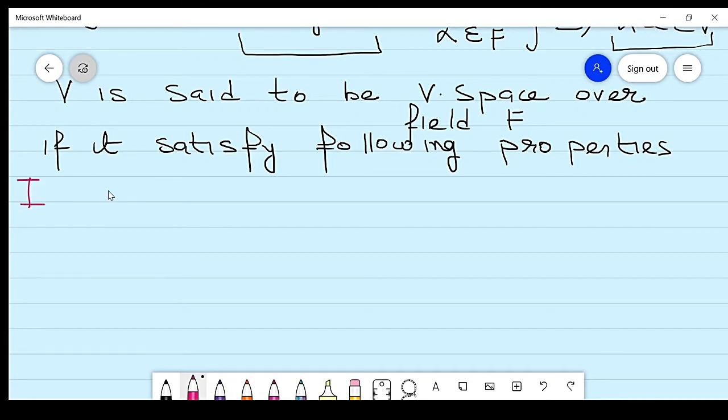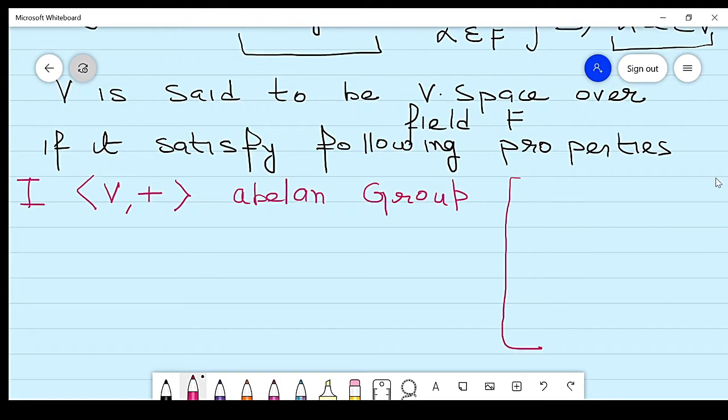Number one, V with the binary composition plus should be an abelian group. So you know the properties of an abelian group.